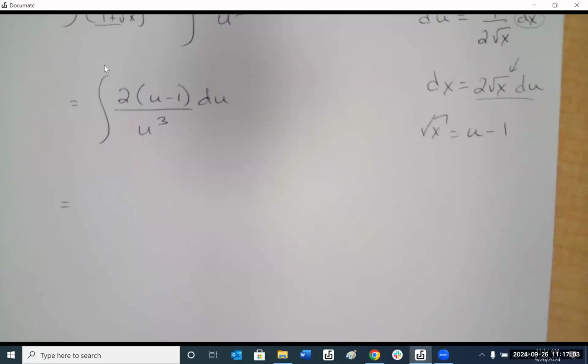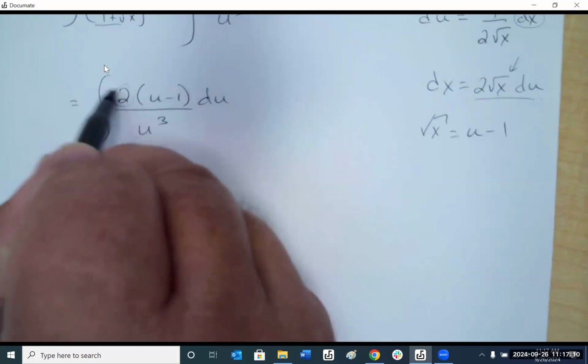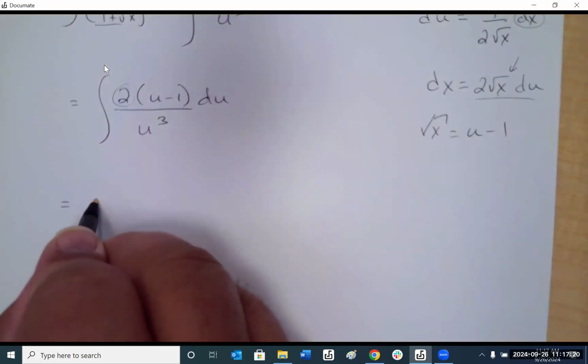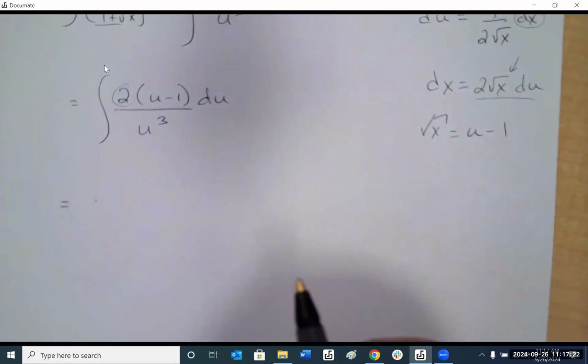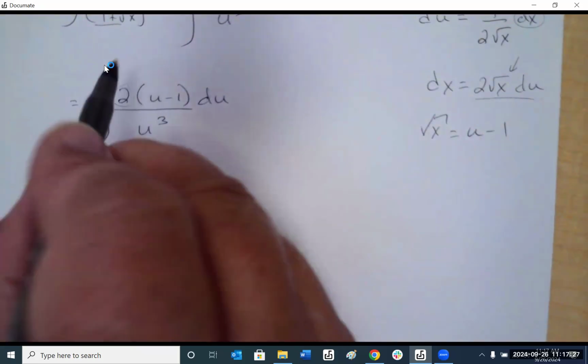Now we're getting closer. We can either distribute that or factor out that constant on top. Well, because it's going to change with that one, let's go ahead and distribute.